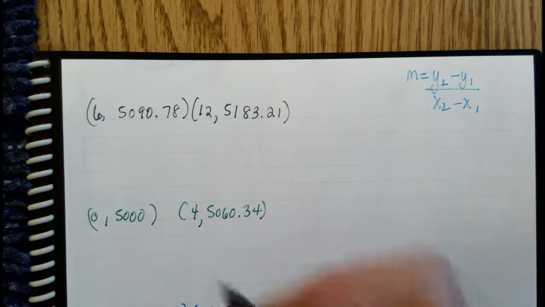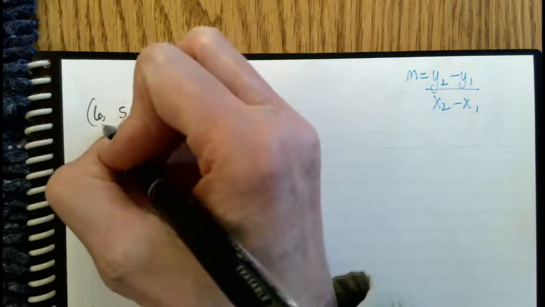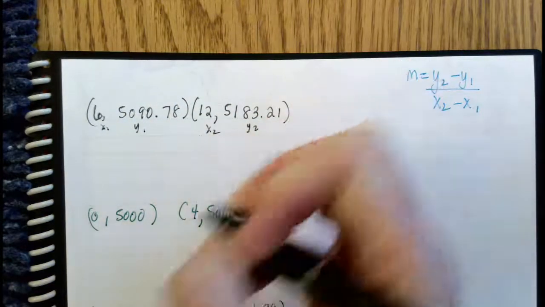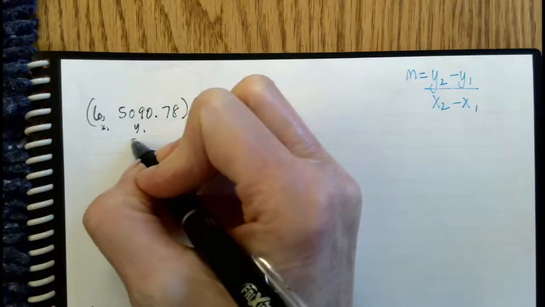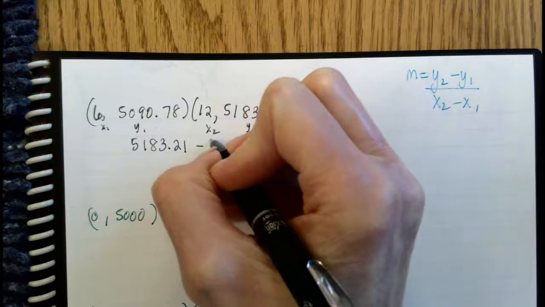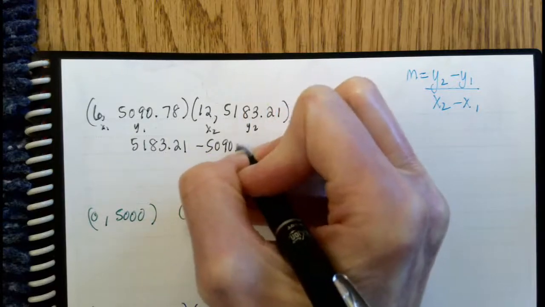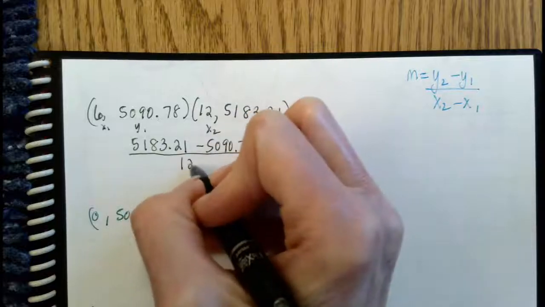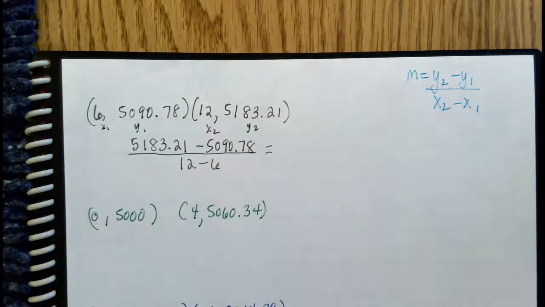So the first one, again a reminder, here's x1, here's y1, here's x2 and y2. We fill this in, we get 5,183.21 minus 5,090.78 divided by 12 minus 6.